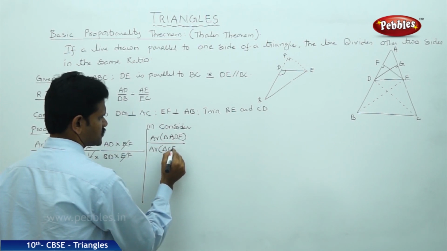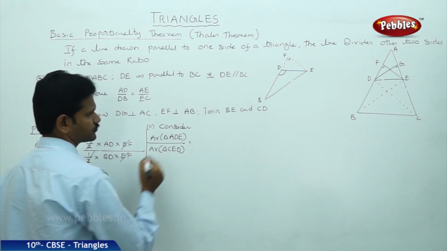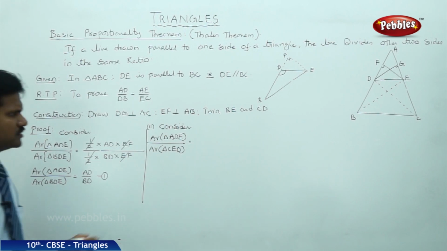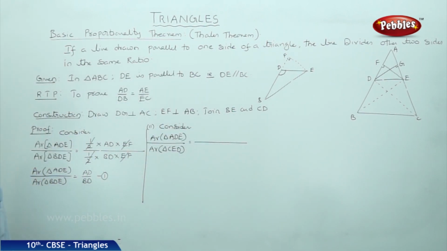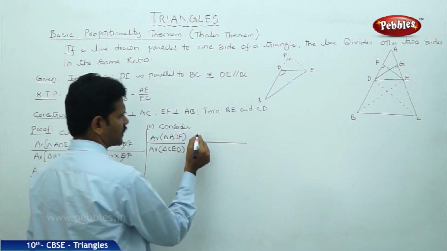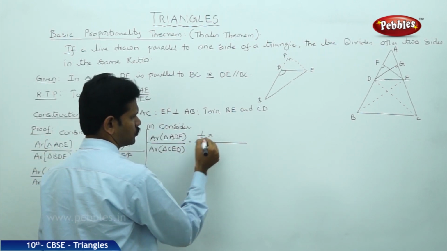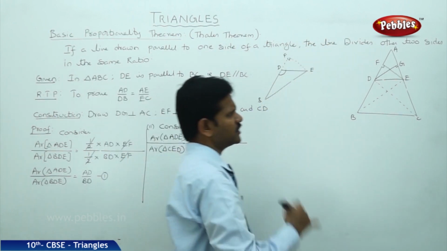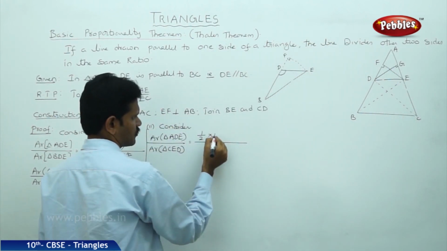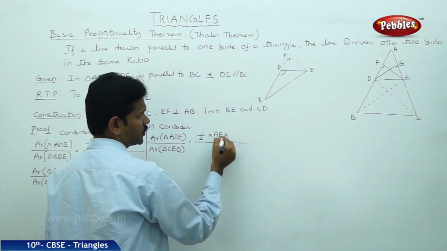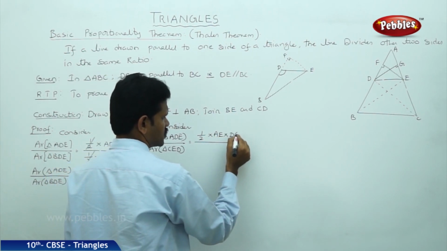Area of triangle ADE is half into, now you consider extreme right, base is AE into height is DG.